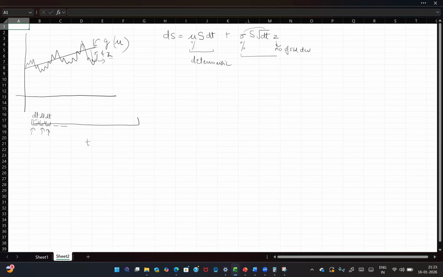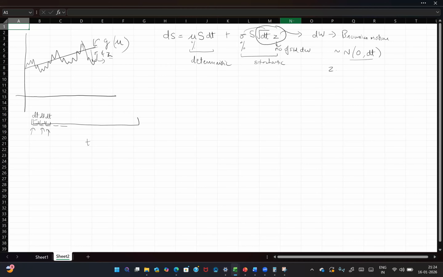This term is called the stochastic term of evolution, and root dt times z is, by the way, called dW. In stochastic calculus, this is called Brownian motion, which draws from a distribution which has mean 0 and variance equal to dt. Why did I write this?